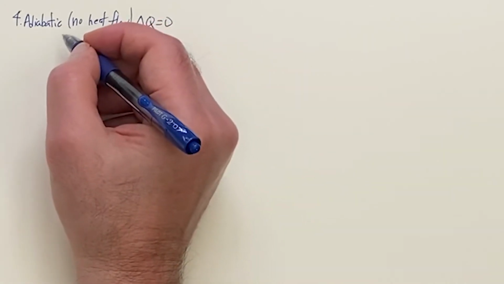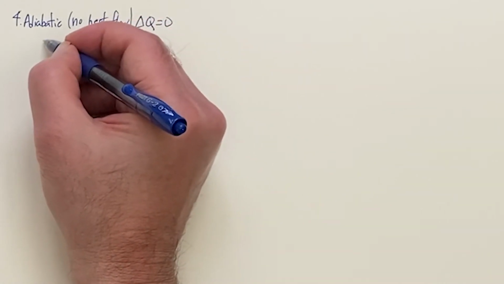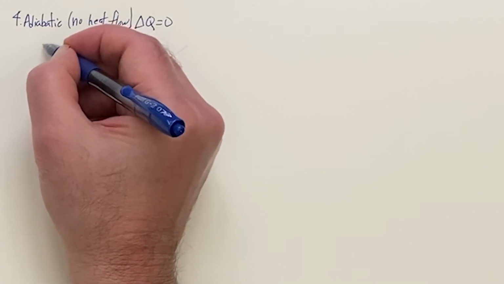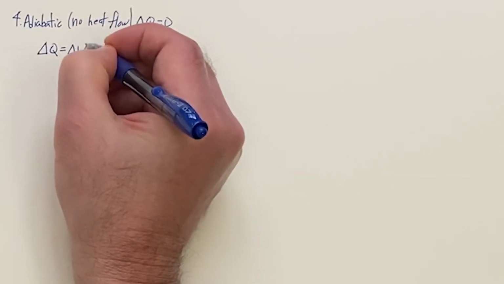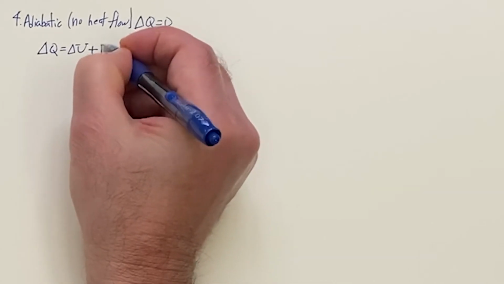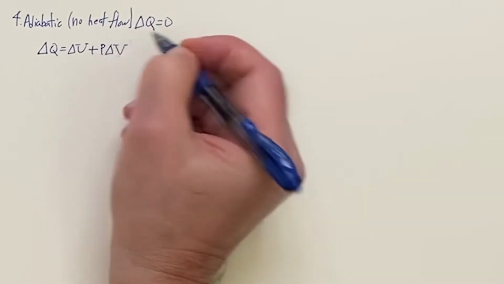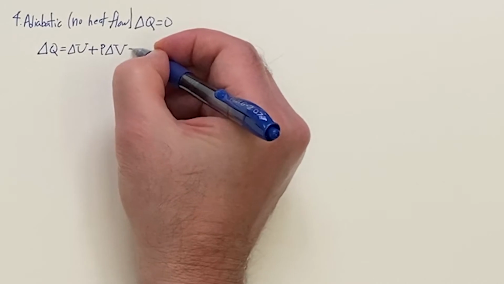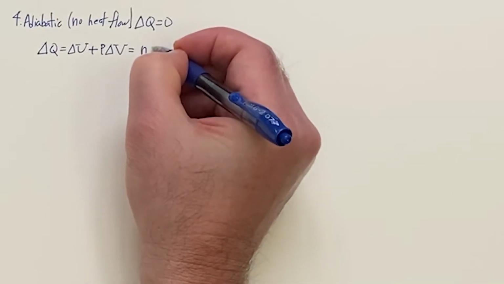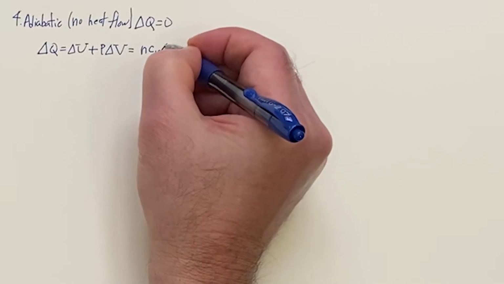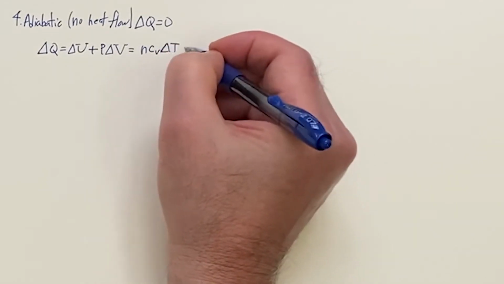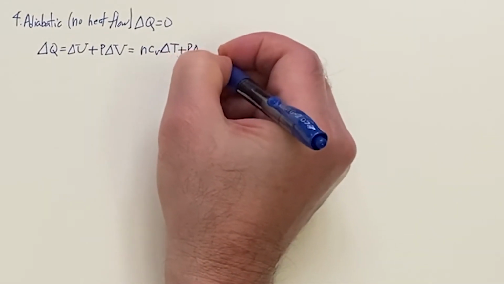So let's go back and look at our formula that we did earlier. Delta Q we had is delta U plus P delta V. We used that recently. And this can be written as n C sub V delta T, we saw that earlier, plus P delta V.